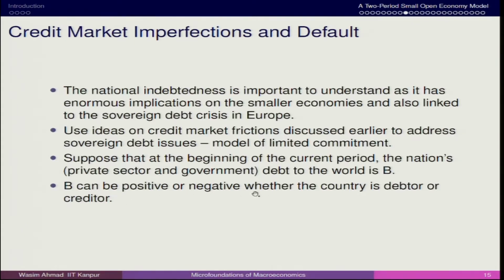B can be positive or negative, whether the country is a debtor or a creditor. If it is a creditor, then it is negative. If it is a debtor, then it is positive. So, B being negative means the country is a creditor, and B being positive means the country is a debtor.